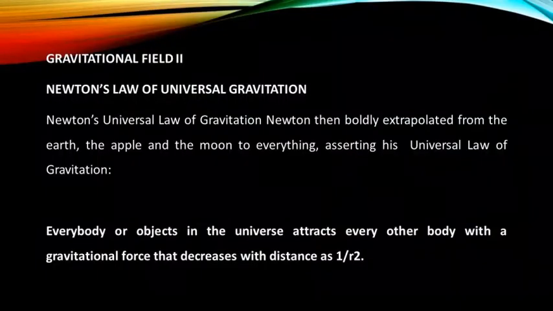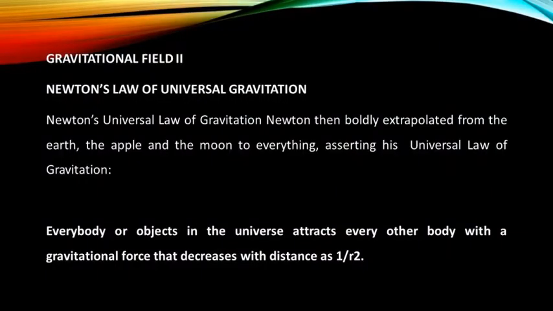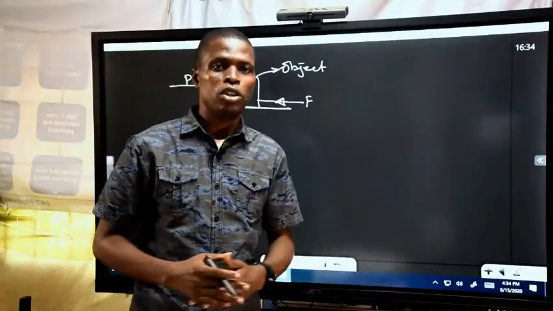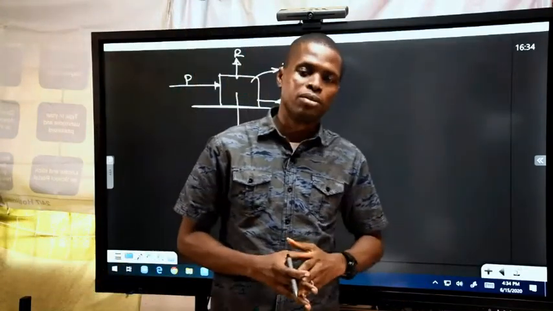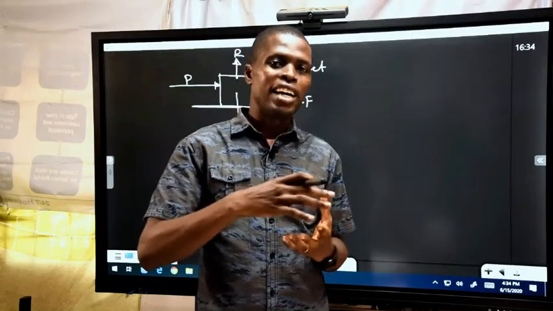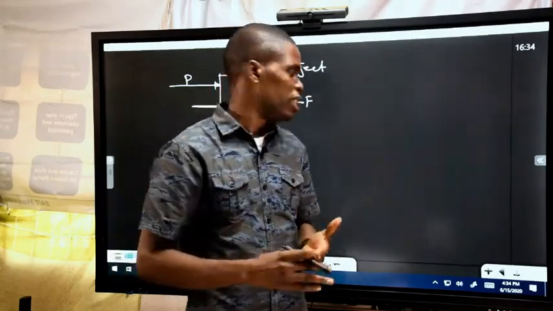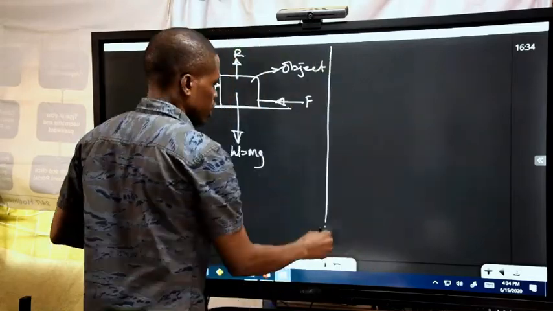Okay, the next topic has to do with what we call gravitational field and weight. When you talk about weight, the weight of a body is a function of its gravitation. That is, the weight has to do with the gravitational pull acting on a body. Now, we consider the weight of a body with respect to the mass.